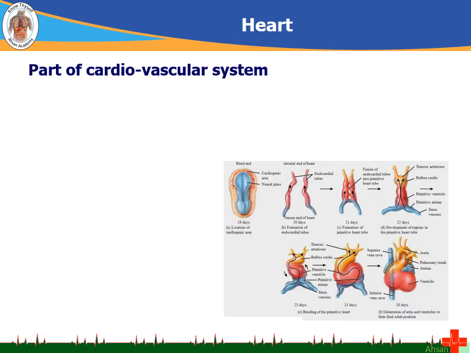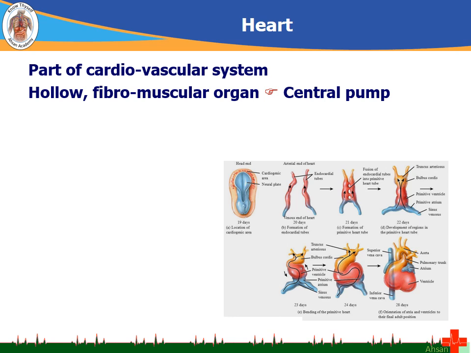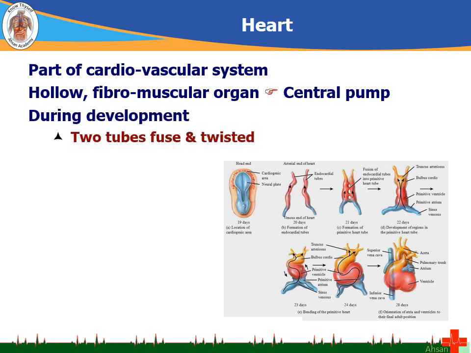Heart is the part of the cardiovascular system. It is the central pump and it is a hollow fibromuscular organ. During development, there are two tubes which fuse together and twist to form the heart. So this has become a complicated organ.